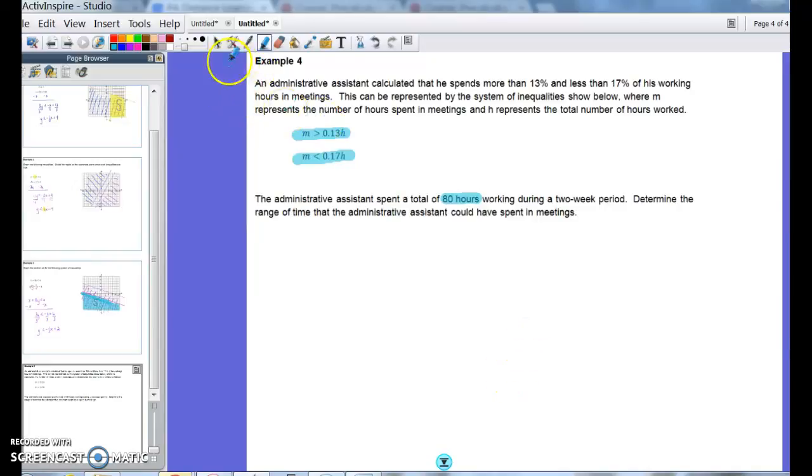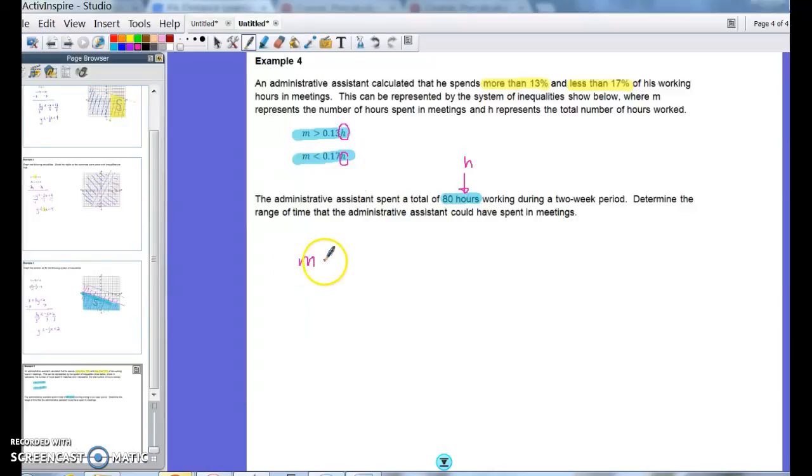Okay, so go back to the beginning part here. So I'm going back to my original problem again. Administrative assistant calculated that he spends more than 13% and less than 17% of his working hours in meetings. So I know that we have 80 hours, right? So this represents my H. That's the same H that's in my equations. So I'm going to go ahead and substitute that into both of my inequalities.